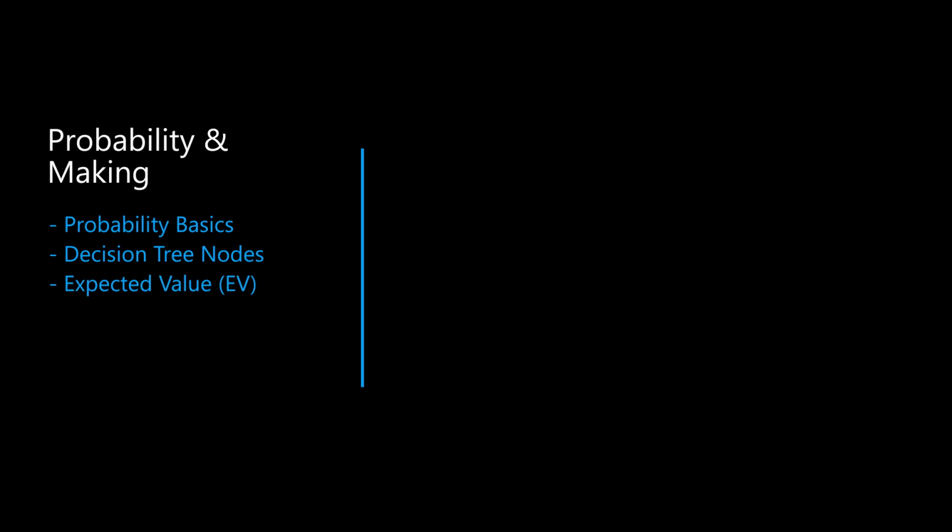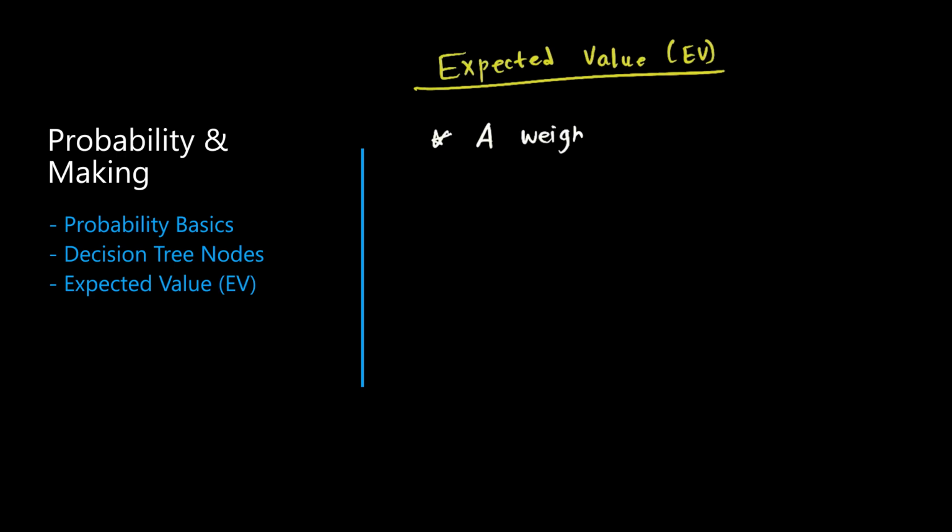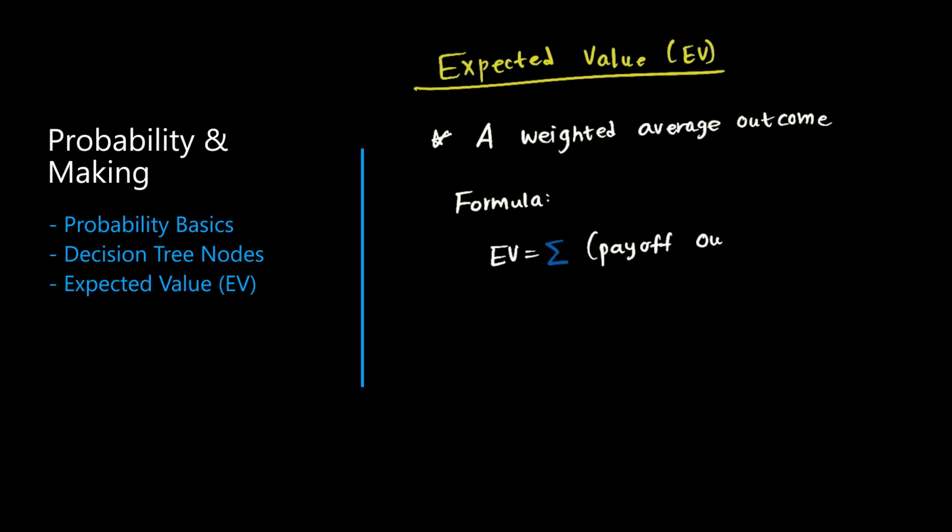So how do we use this map to find the best path? We calculate something called the expected value, or EV, for each and every choice. Expected value is a fancy term for a weighted average. It tells you what the average outcome would be if you could repeat this decision thousands of times. The formula is beautifully simple.